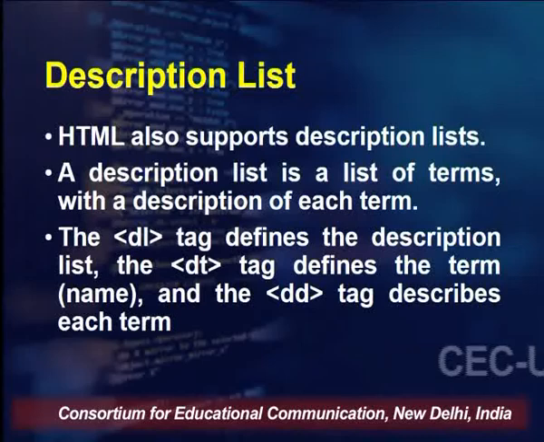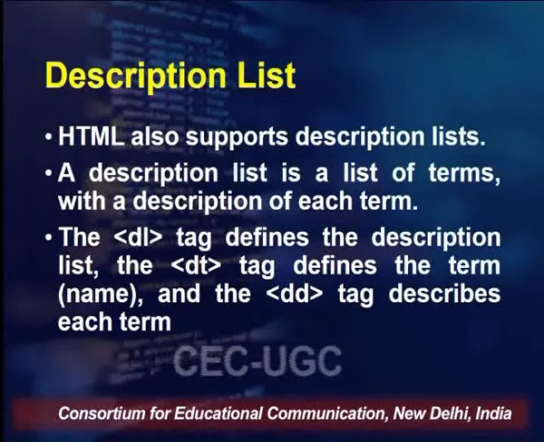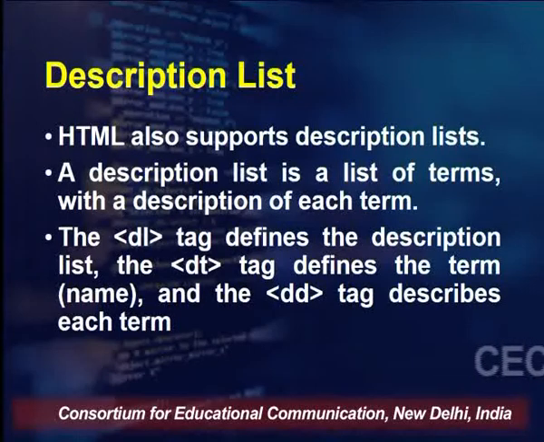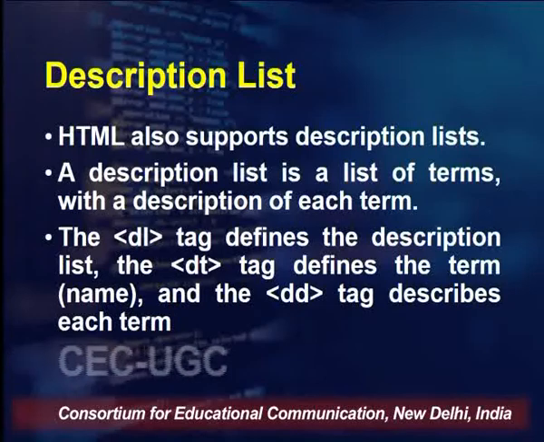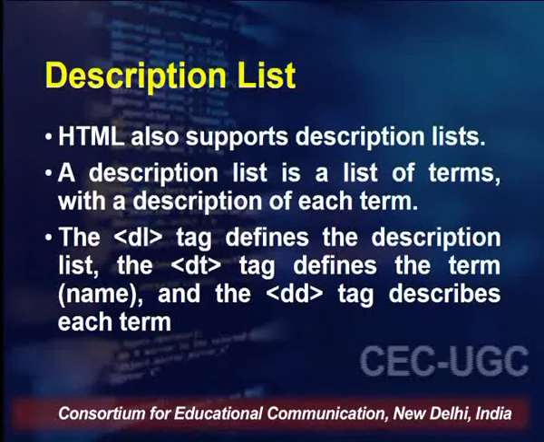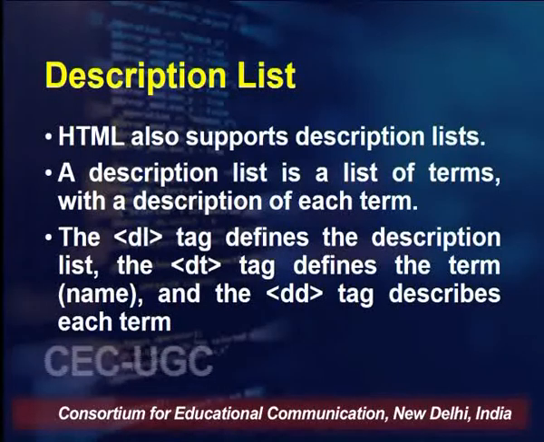Now for the unordered list we have used the tag UL. Similarly for the description list the tag here is DL, and now here it is not just a list item but two things. One is the term, or we can say the item, and another one is the description which is associated with that particular item.